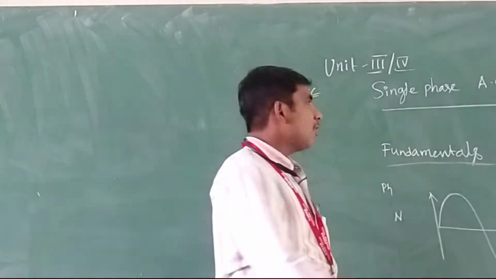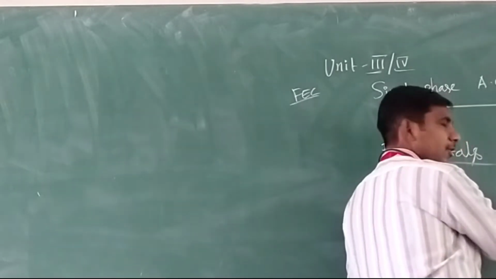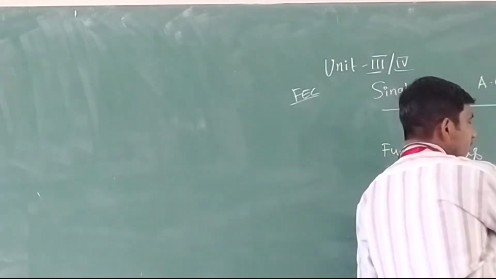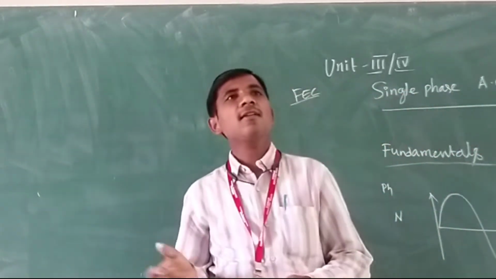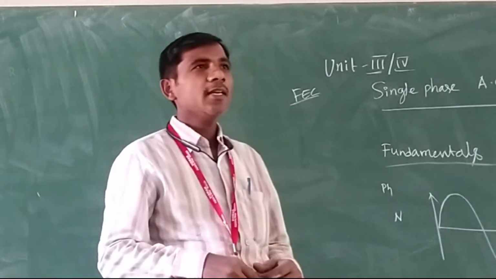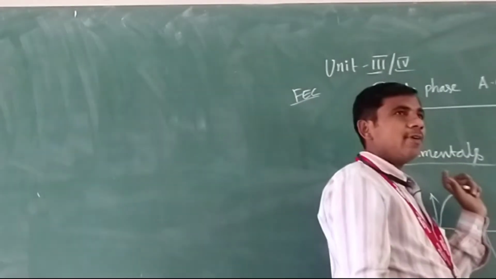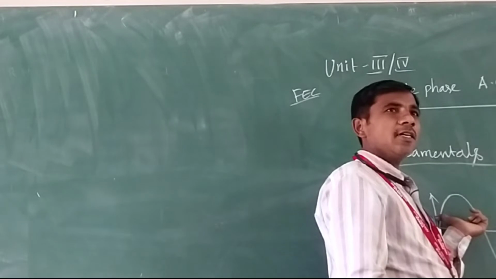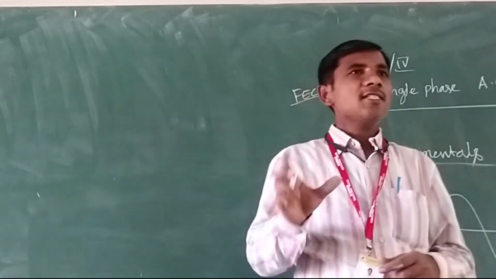In this chapter, we will study what is RMS value, peak value, average value, form factor, peak factor, and alternating quantity, then what is meant by the instantaneous value of an alternating quantity. After that, what is the impedance triangle?